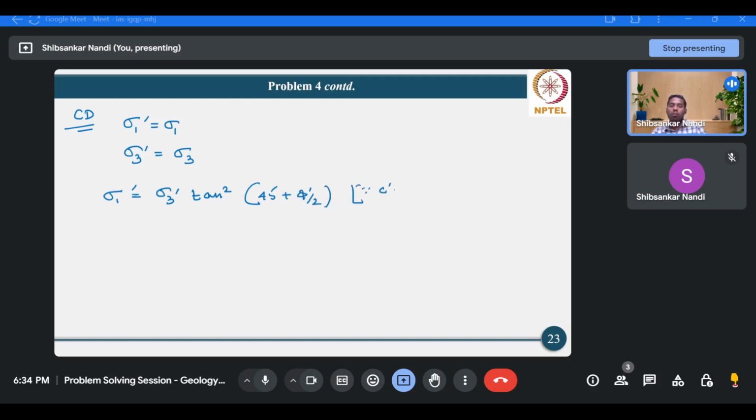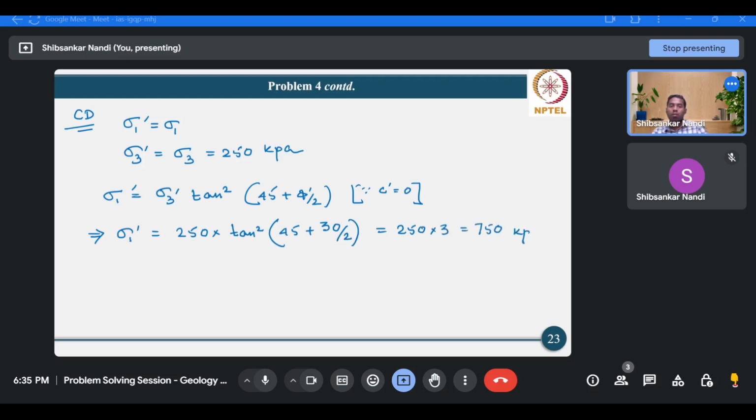Same, C prime is 0 and this value will be 3. So therefore sigma 1 prime would be 250 multiplied by 3, where phi prime is 30 degree.